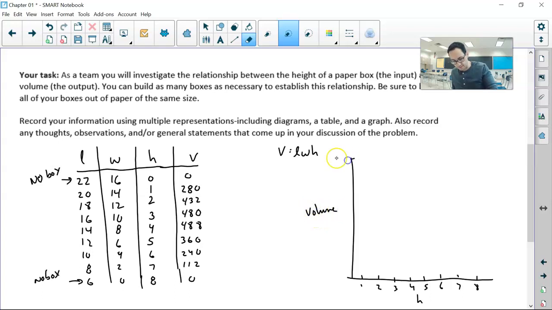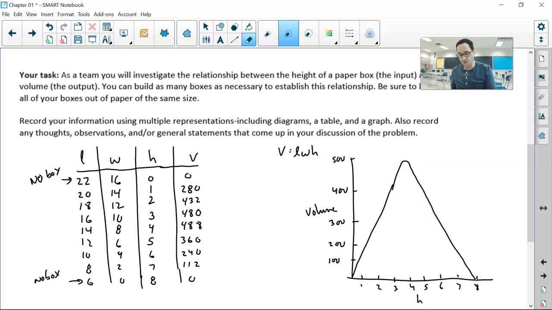Let's say that this is 500, 400, 300, 200. Ignore my bad units over there. But what's going to happen is it's going to go from 0, it's going to go up and reach a highest at 4, and then come back down to 8. So it almost looks like a parabola.